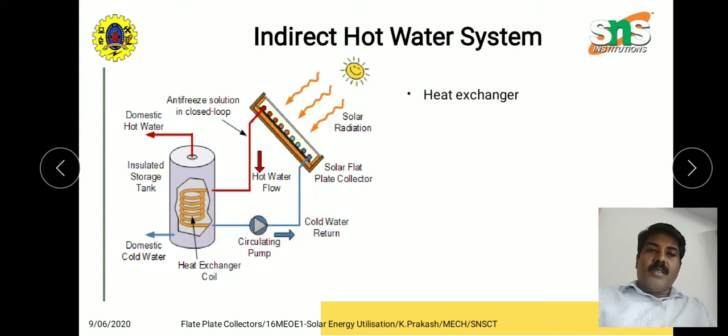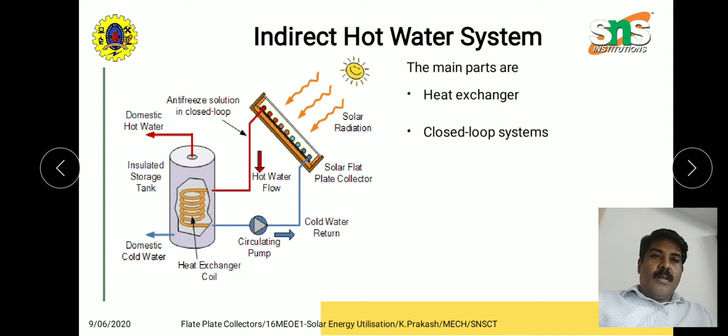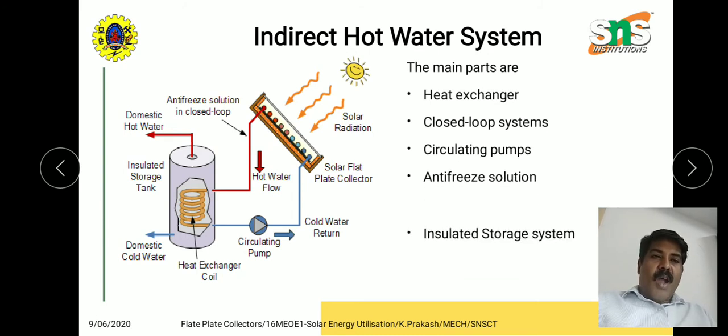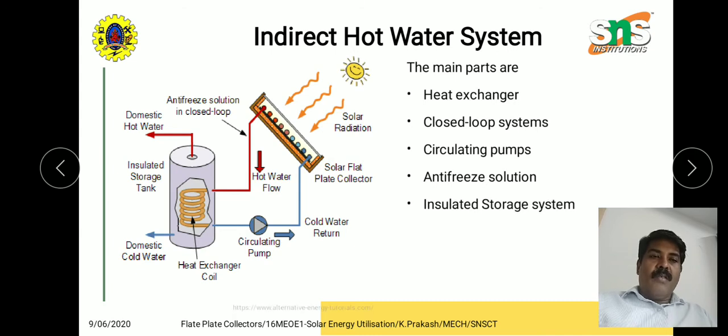This is an antifreeze solution, so when the temperature is low, it does not freeze. Even at low temperatures it gets heated, and the possible amount of heat is transferred. So this is the closed loop system, and we are using circulating pumps, antifreeze solutions, and insulated storage systems.